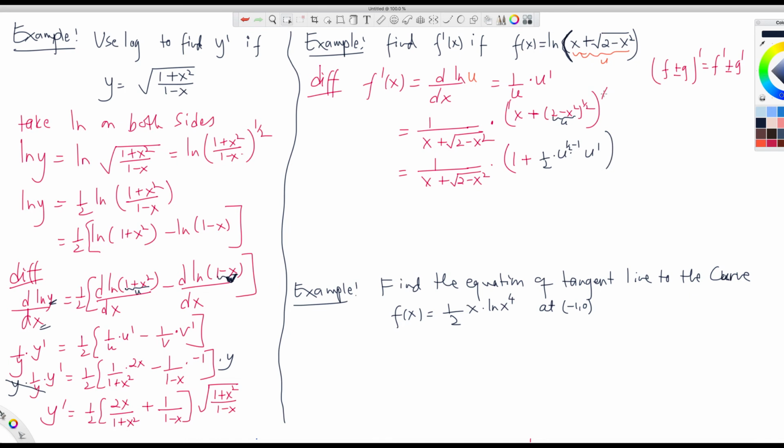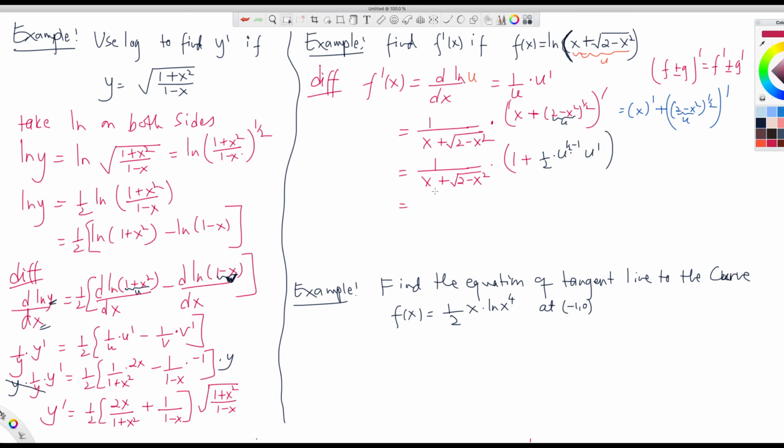So what I did here, if you want to write it, you can write it like this: x prime and then plus 2 minus x squared to the 1/2 and then prime of that. It is like f plus g, right? And I took that as u. And I used that formula, okay? So how much would that be then?